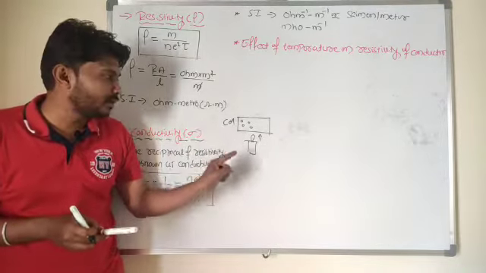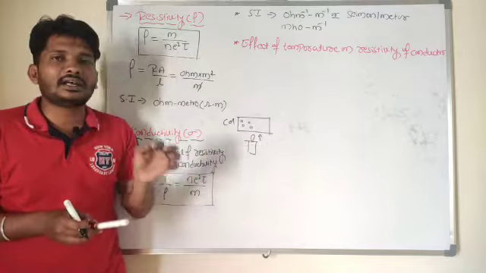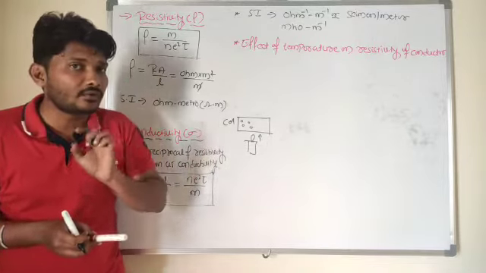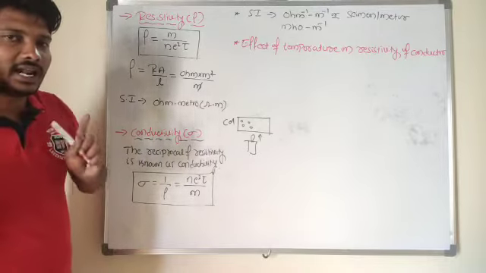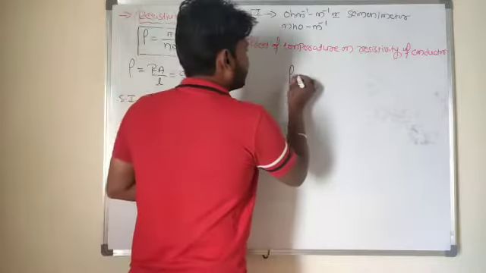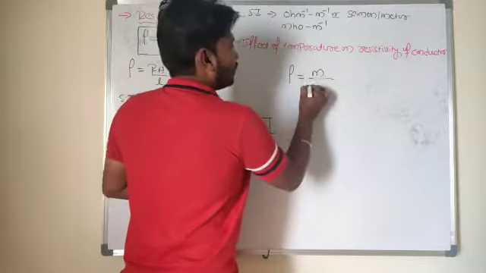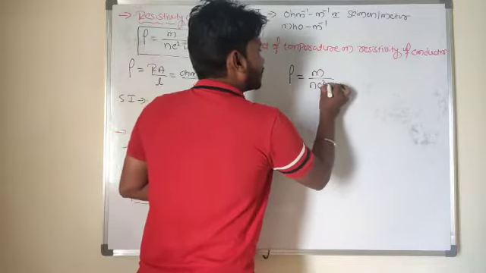Why? Because free electrons get thermal energy, so they suffer more collisions. If the number of collisions is more, what about the relaxation time? In last class we also discussed this concept. So rho is equal to m divided by n e square into tau.